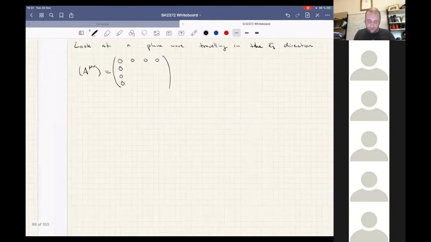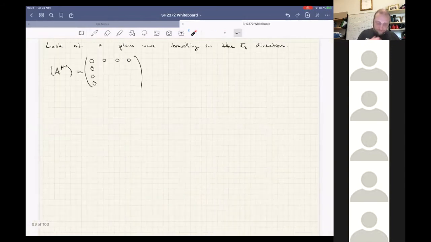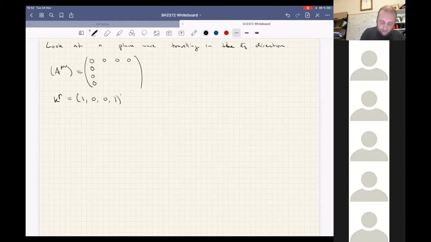That followed from choosing B such that A^{0μ} was 0. So what remains is to look at what should go in here. Now, if I choose the wave traveling in the 3 direction, then k_μ is (1, 0, 0, 1). So the time component is 1, the x and y components are 0, and the z component is 1.